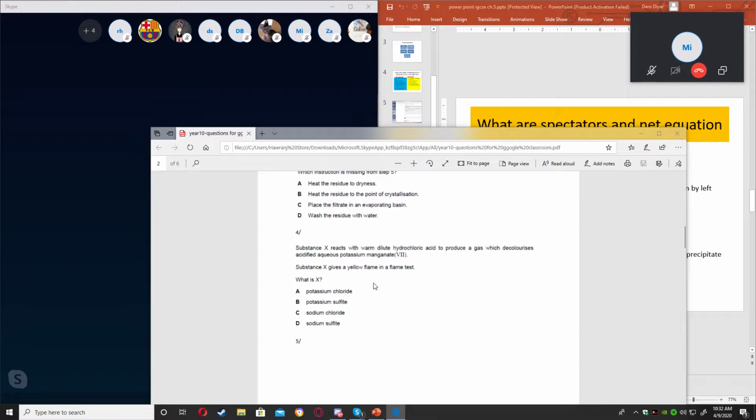And we know already that sodium has a yellow color. And it tells us that there is a gas. So we have sodium sulfide, and it will react with hydrochloric acid. So D is the best choice.